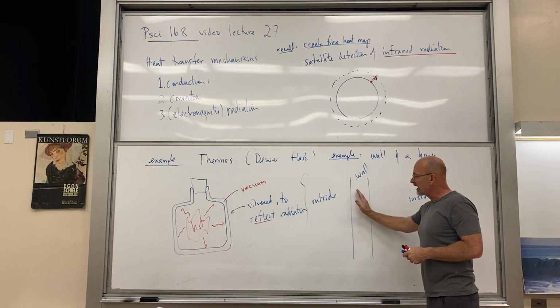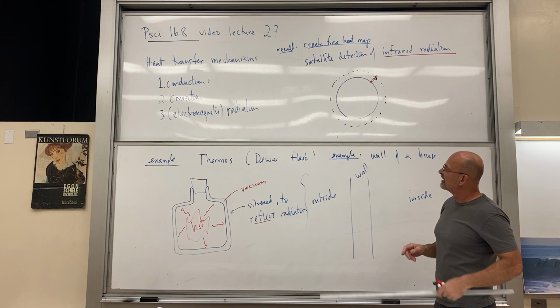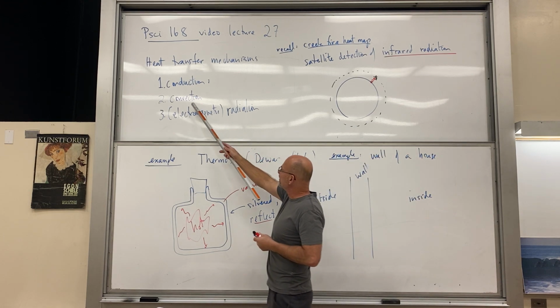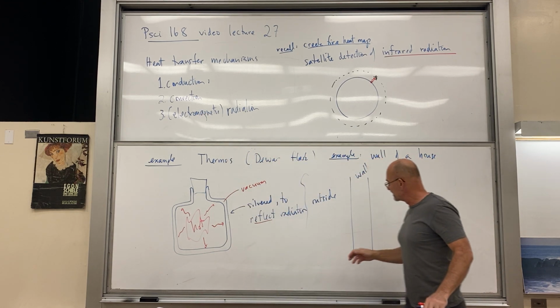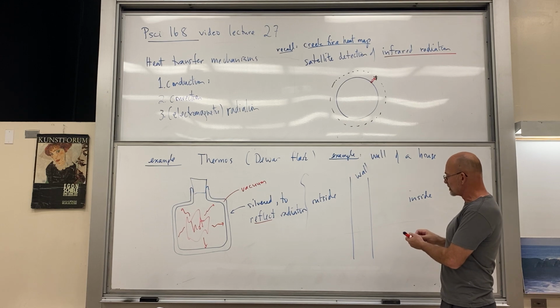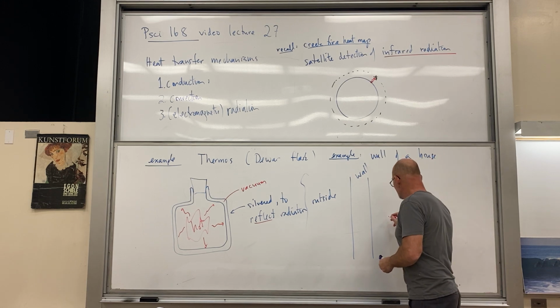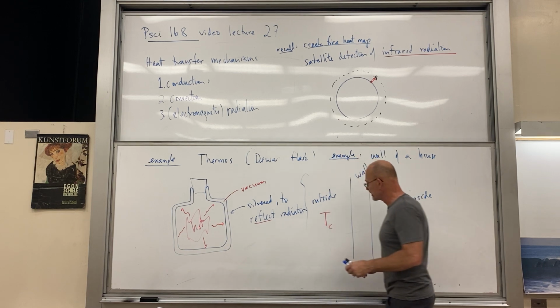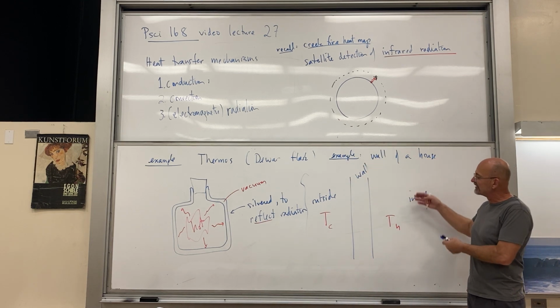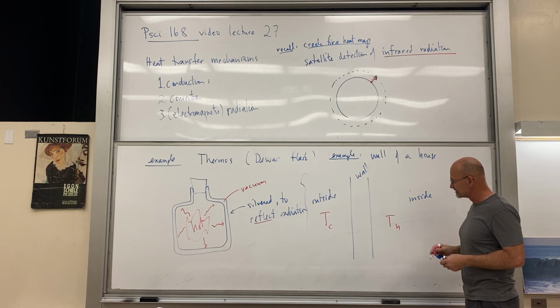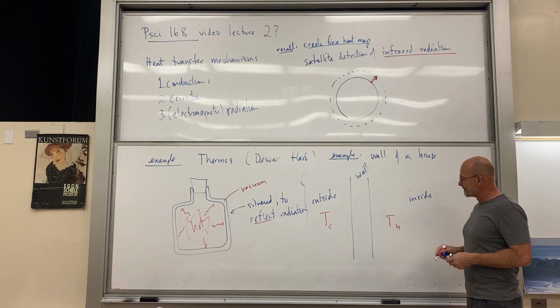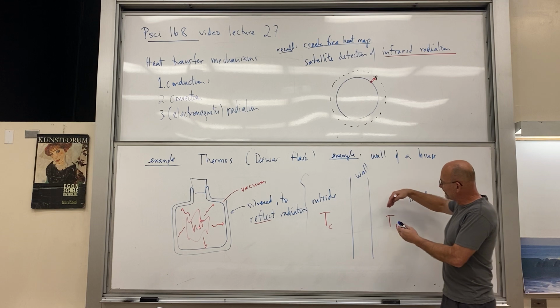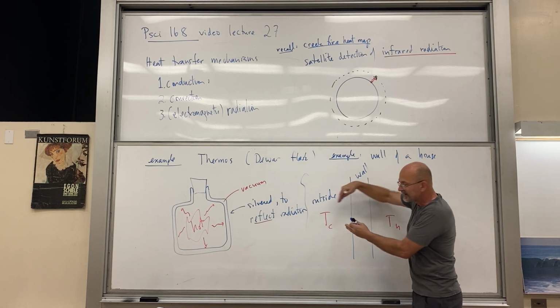So you can have an empty airspace, but you're not going to suppress convection. And in fact, let's let it be hot inside and cold outside, okay? T_H, T_C, it's wintertime, coming up soon enough. You want to keep the heat in the house, okay?